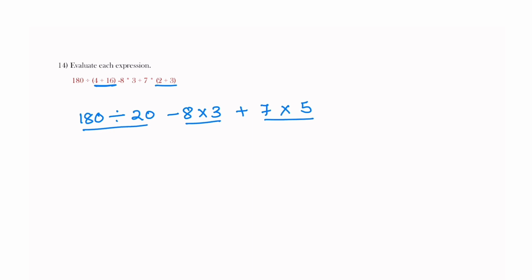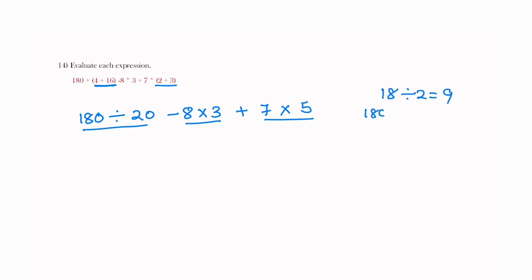180 divided by this. So the brackets here. So 180 divided by 4 plus 16 is 20 minus 8 times 3 plus 7 times 2 plus 3 is 5. So this and this, they will be done separately. So 180 divided by 20. 18 divided by 2 is 9.